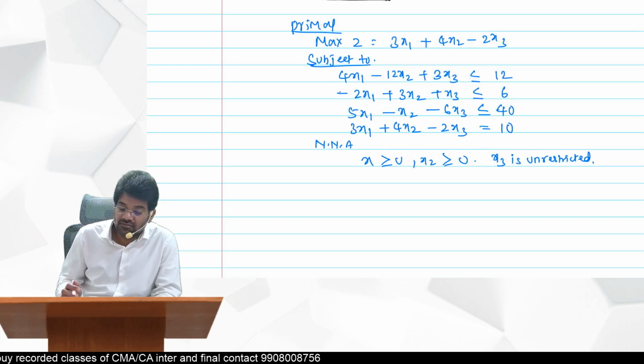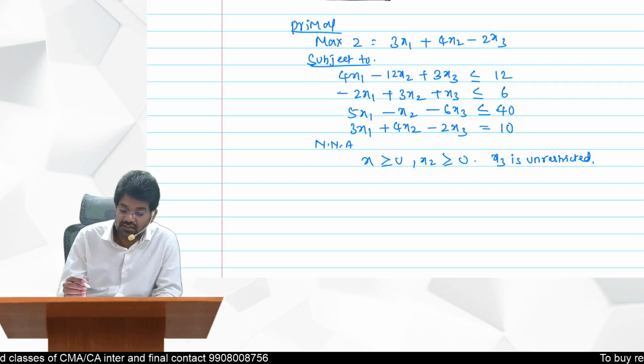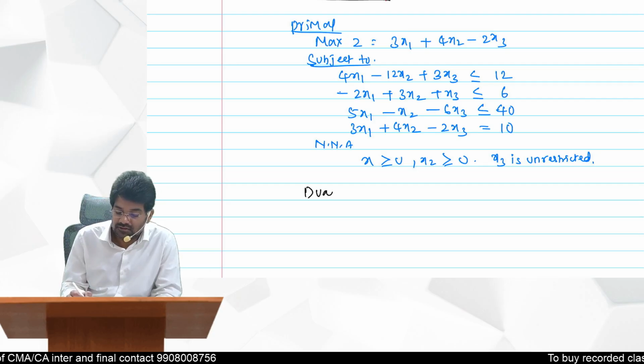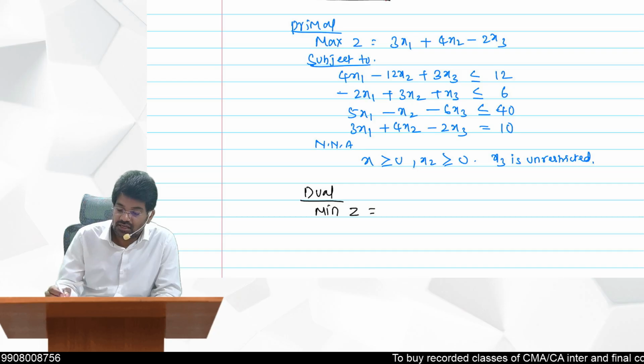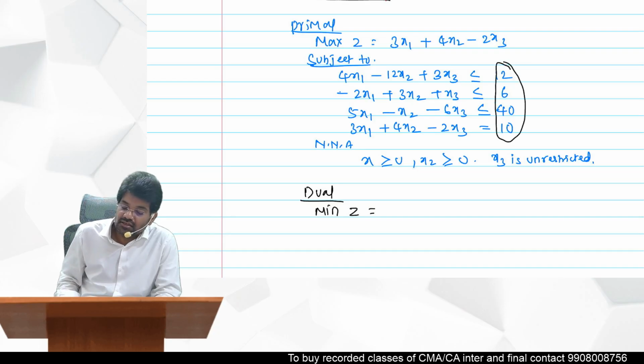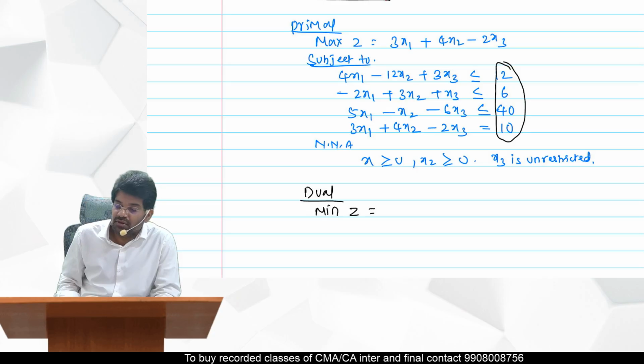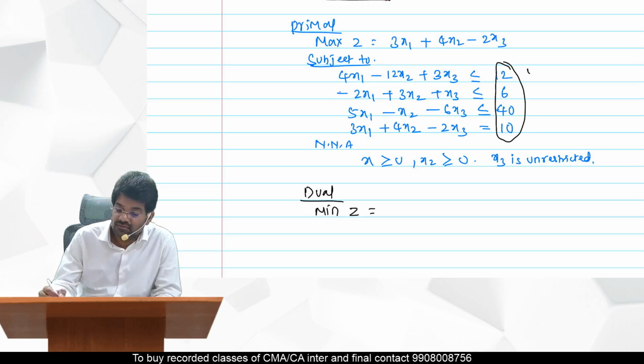Now, if you want to write the dual for this, maximization will become minimization. So minimize z is equal to all these constraint quantities, which will become the variables now. How many variables now? y1, y2, y3, y4.